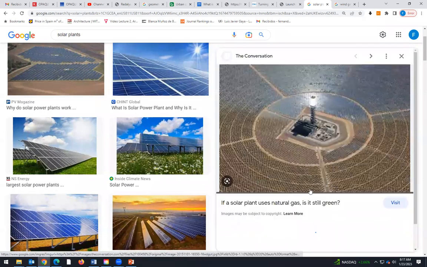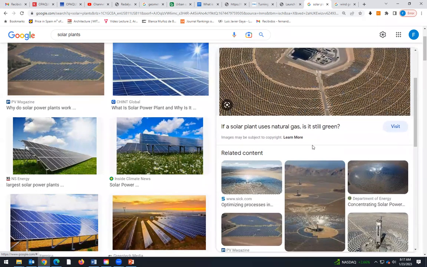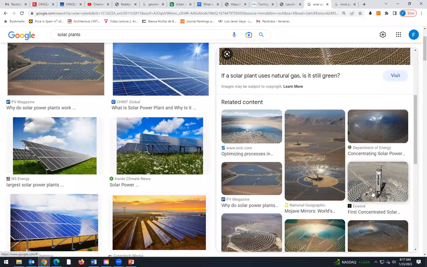So this is solar energy, but those plants are something different. It has a huge impact because we need all this area. Those are not panels, those are mirrors, and by reflecting the solar radiation, they focus all of it on the same point. That's why we have circles here, because all this solar radiation is reflected to this point. And at this point, we have such a high temperature that it can move turbines as well.